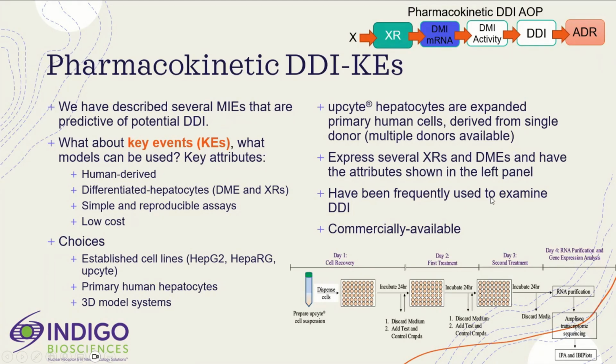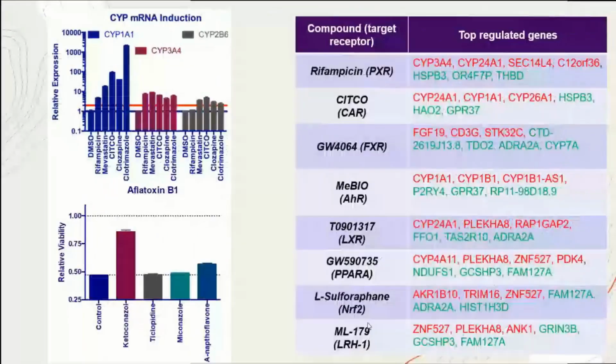And they have been used quite a bit in the literature to look at drug-drug interactions and different types of altered drug metabolism. So we use these cells quite often in a very simplified system: plate the cells, treat them, extract RNA, and then you can look at these key events.